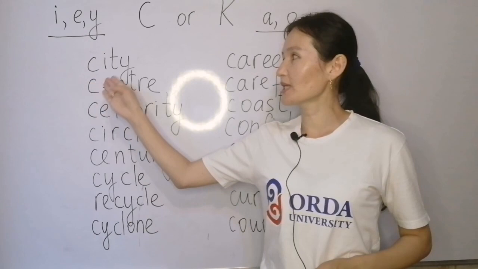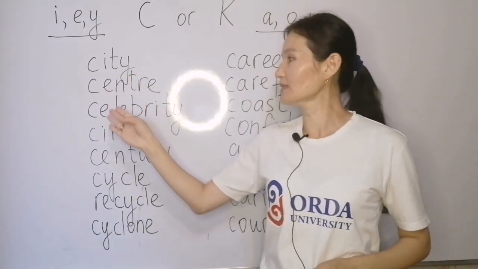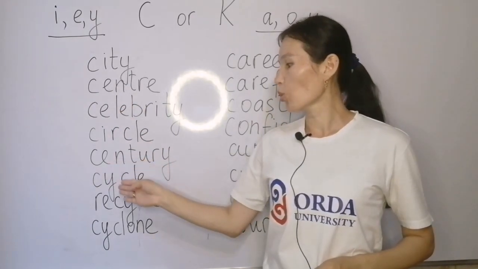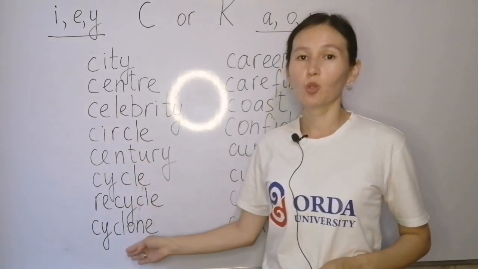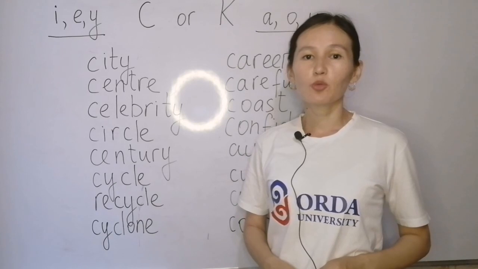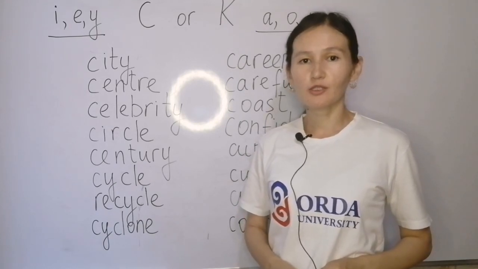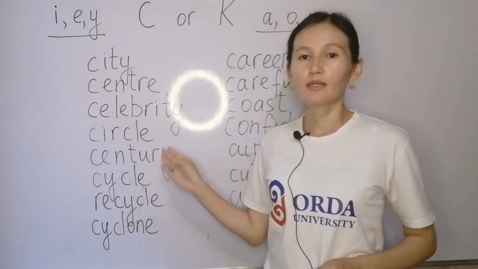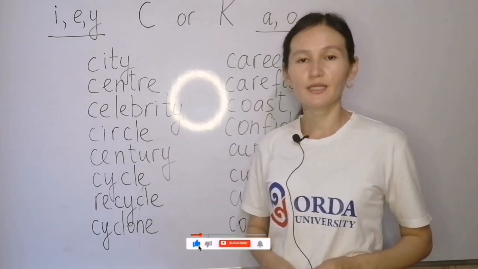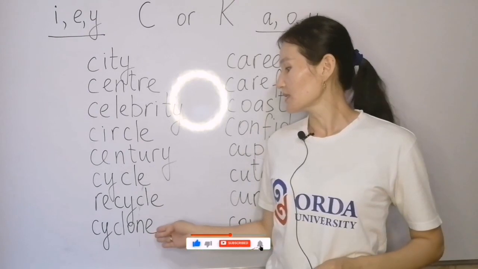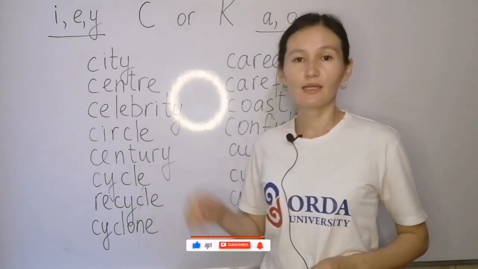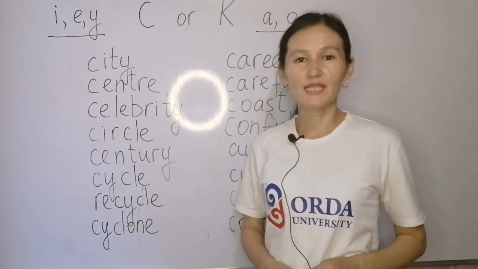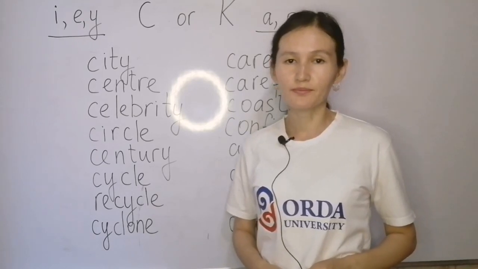So after C, we can see I, E, and Y. In one of my previous lessons, I mentioned that if the word ends with the letter E, it is silent, right? It is not pronounced. So the last letter E is silent.